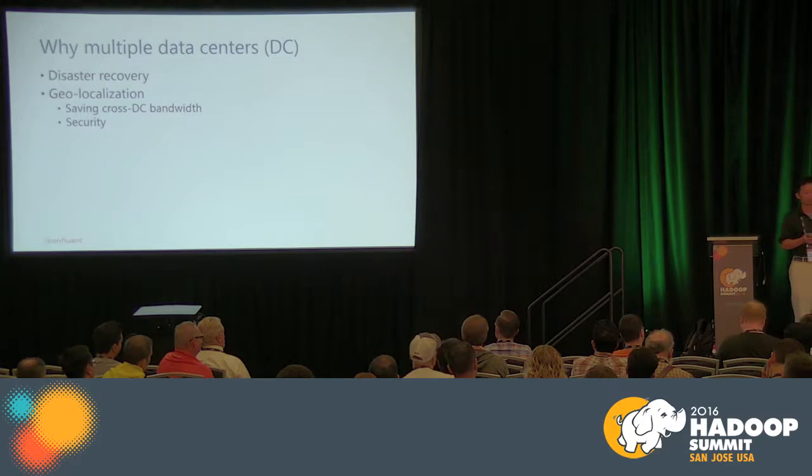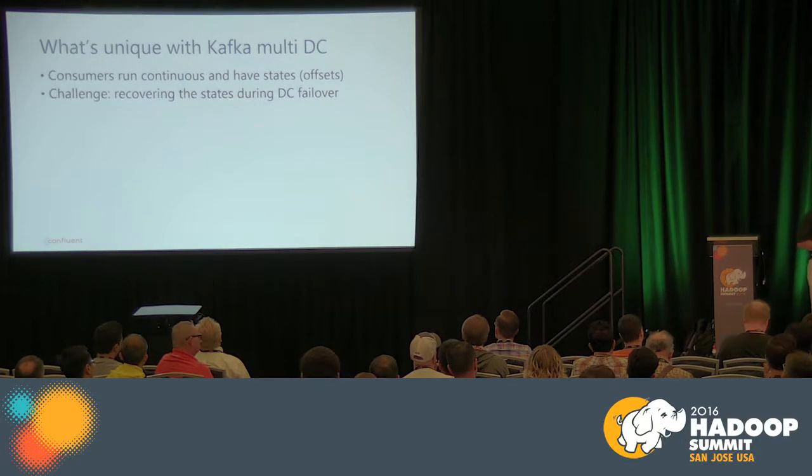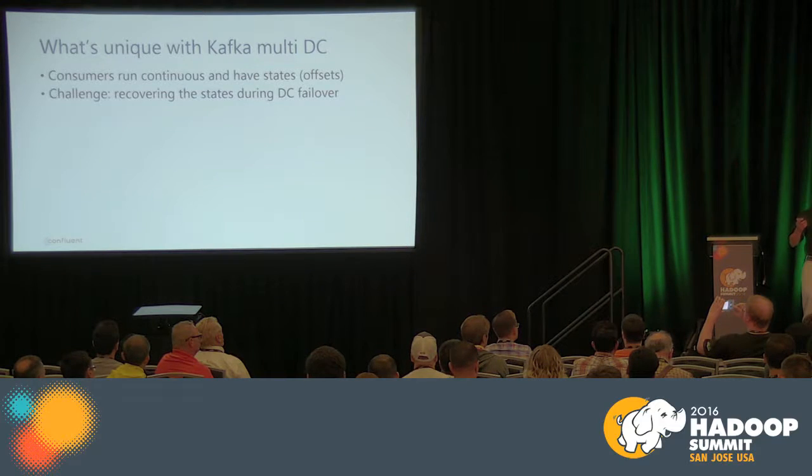Of course, these are pretty common in pretty much every other system that you want to set up for multi-data center. So what's a little bit unique with Kafka compared with other data storage systems like a database? One thing that's a little bit unique with Kafka is that the clients, especially the consumer, have state.